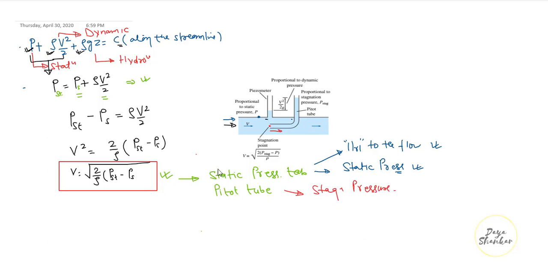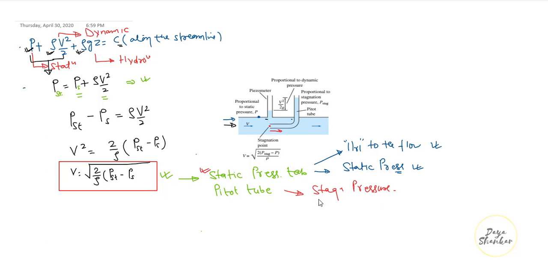Okay, so in short, static pressure tab is nothing but a small hole in a tube through which the liquid is flowing, and that should be parallel to the flow direction. Pitot tube is a tube which is inserted inside that tube, and that is along the direction through which liquid impacts on it.